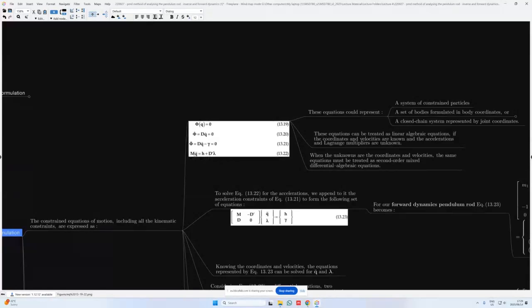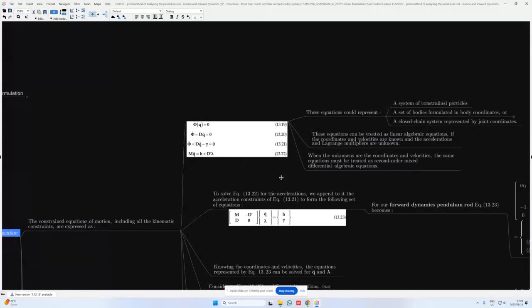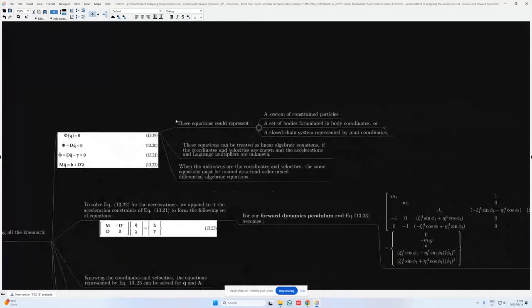In this case, we still have the mass matrix multiplied by q double dot, but now we have an applied forces vector plus our reaction forces as a separate term, which is simply the Jacobian matrix's transpose multiplied by lambda, the Lagrange multipliers associated with the reaction forces. Now these equations could represent a system of constrained particles, a set of bodies formulated in body coordinates, or a closed chain system represented by joint coordinates.